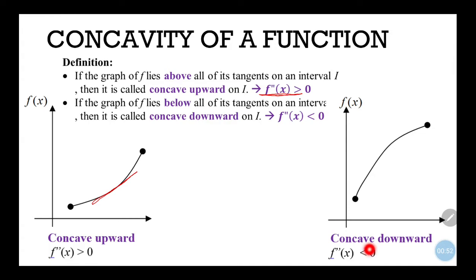If f double prime x is larger than 0, then it is concave upward. Likewise, when f double prime x is less than 0, it is concave downward. This is where the tangent should be.